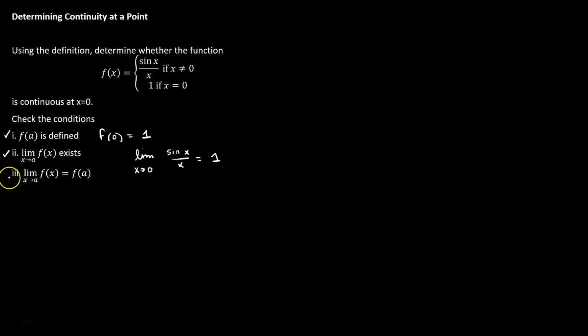The third condition says that what we found in step 1 and what we found in step 2 have to be equal to each other. So we look at the function definition for step 1, we look at the limit value for step 2, and we see that they are in fact equal, which means the third condition is met.